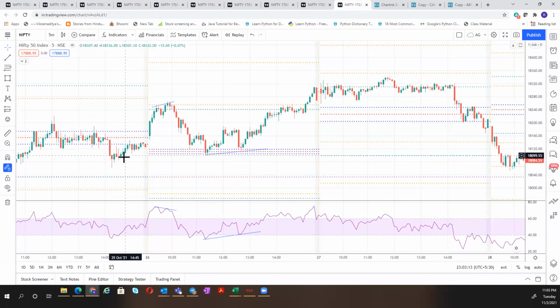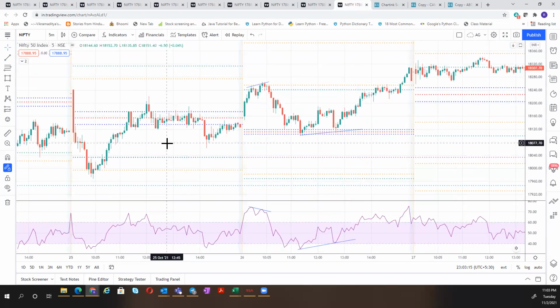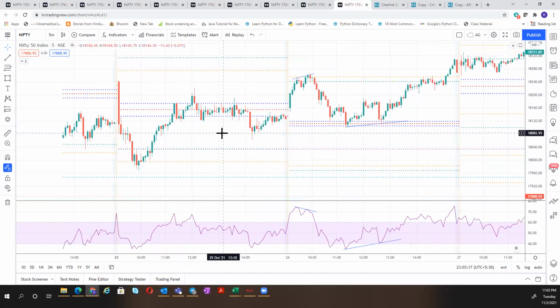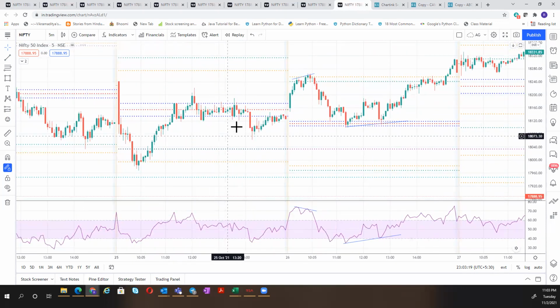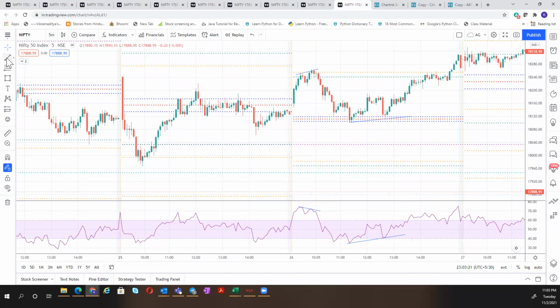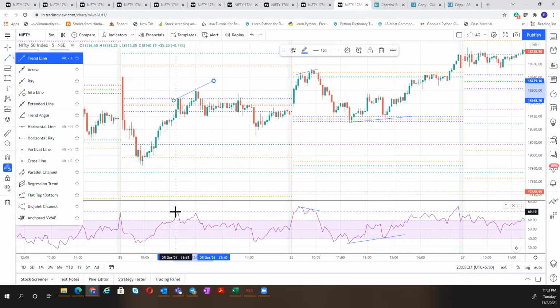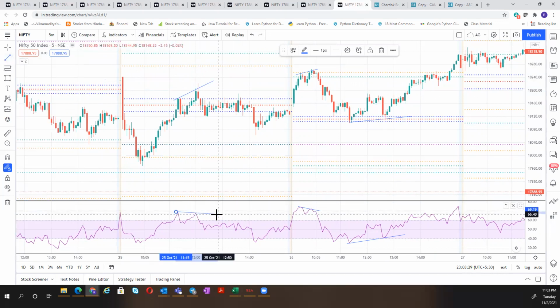I showed you the negative divergence on daily pivots, right? This is also a divergence. Above CPR, price is going up, but the two peaks are showing down.